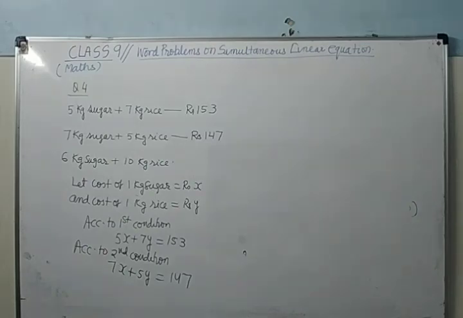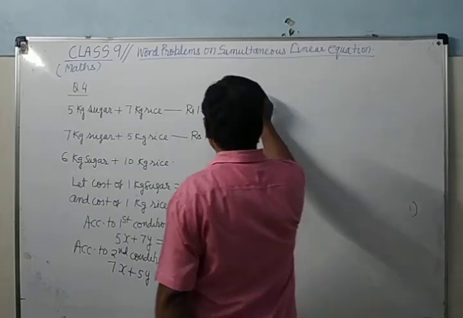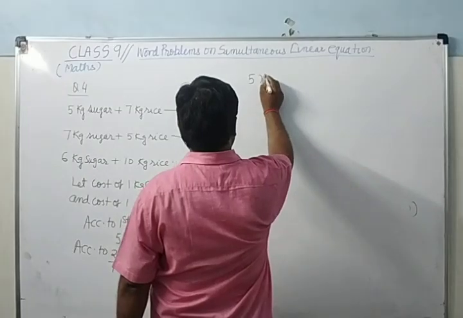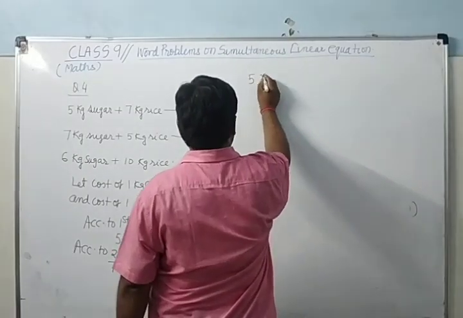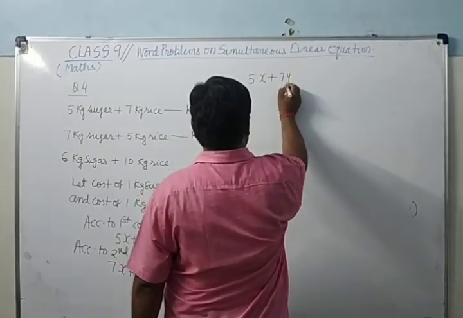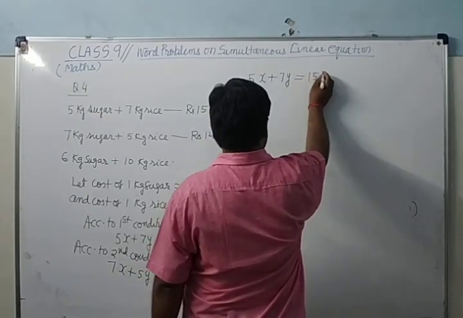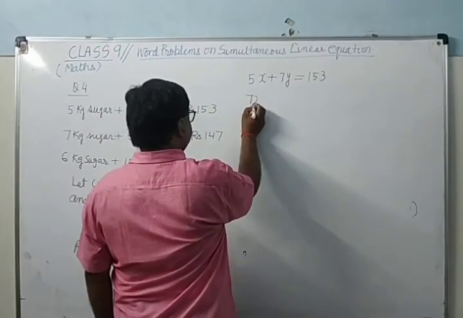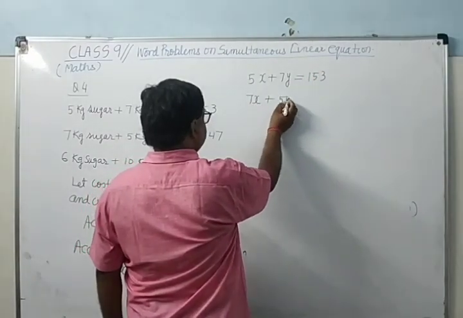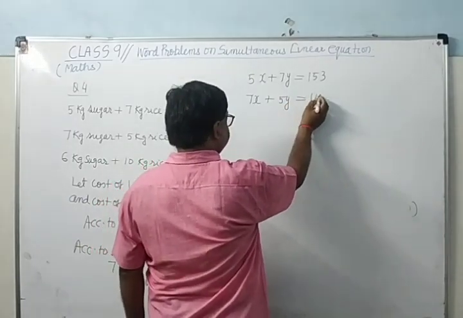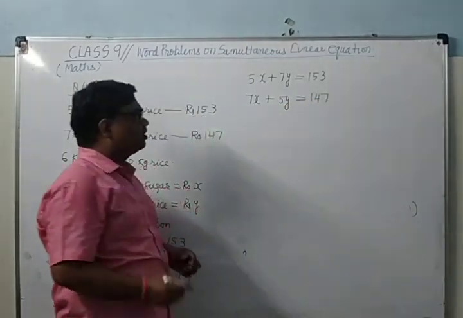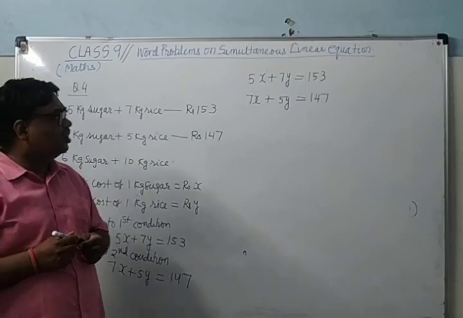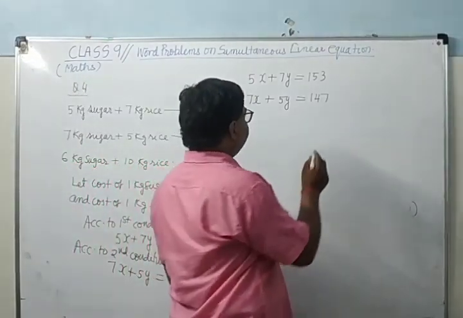So you can see here it is 5x plus 7y equals 153, and this is 7x plus 5y equals 147. Though there is a special method, since the numbers are not very large, we will do it directly.